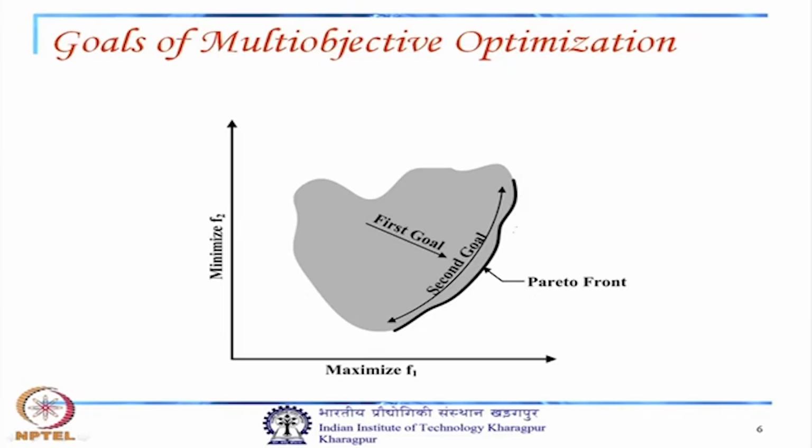So, this is called as Pareto front. One goal is spreading of final solutions in these two directions, and the other goal is movement of solutions, and the final front should be almost coinciding with our Pareto front, or nearing our Pareto front.